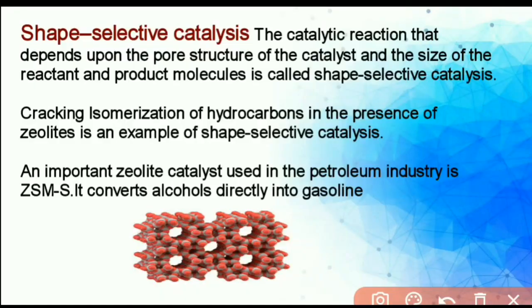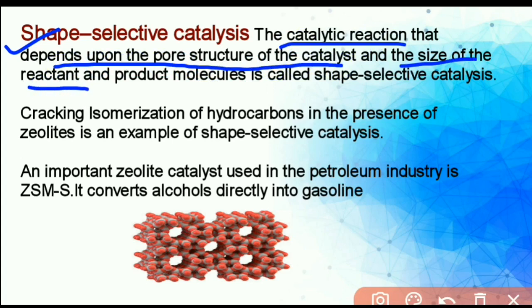Next important feature of solid catalyst is shape selective catalysis. It basically depends upon the special structure: the catalytic reaction depends upon the pore structure of the catalyst and the size of the reactant and product molecules.